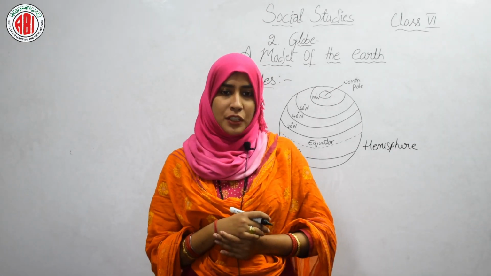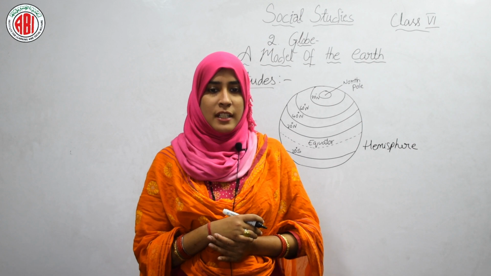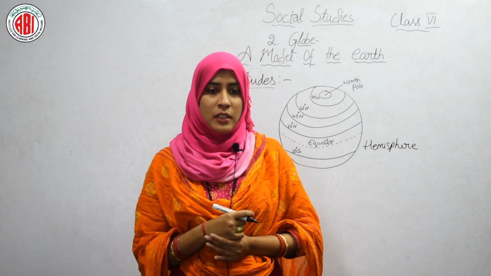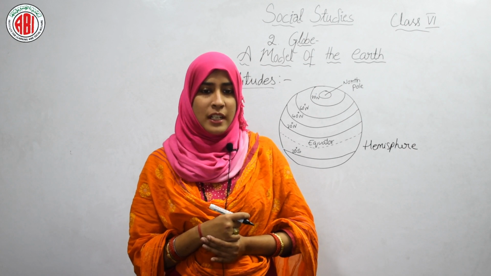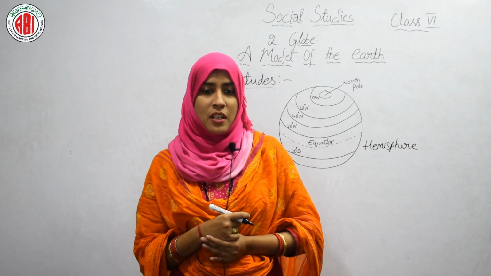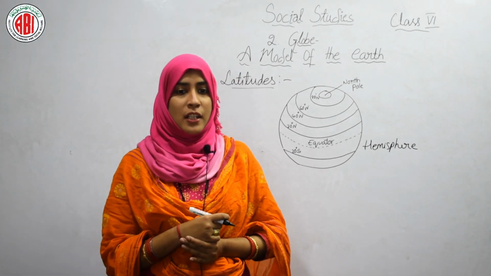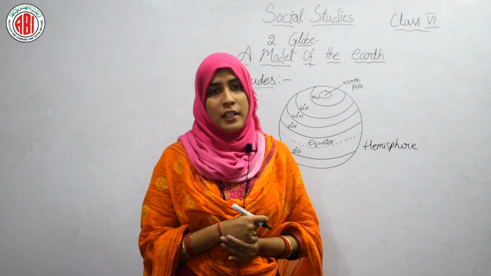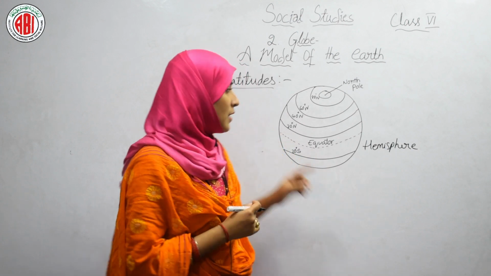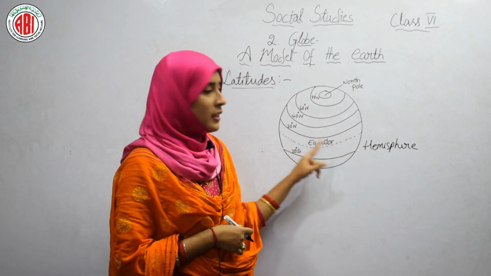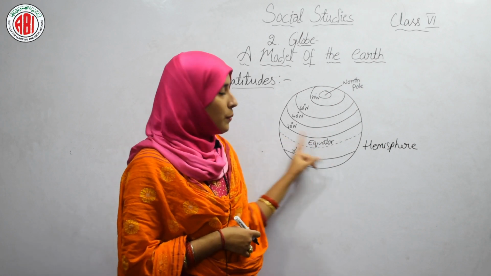Identify the equator on the globe and note down the continents it passes through. Also identify the northern and the southern hemisphere. In which hemisphere is India located? Which hemisphere has more water than land? So try to find the continents which pass through the middle part of the globe.